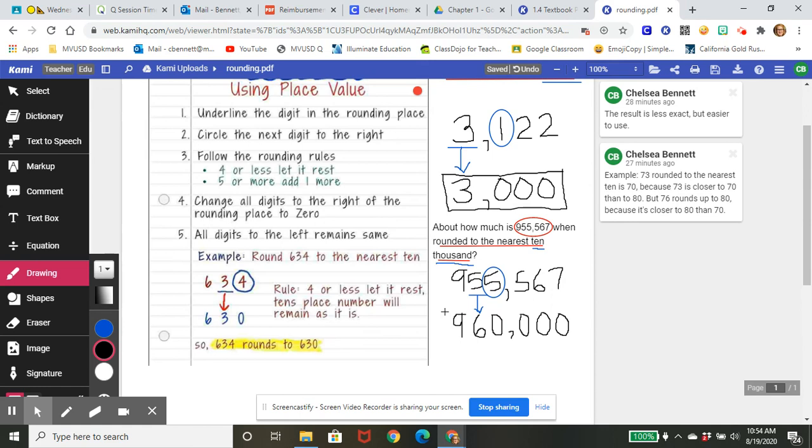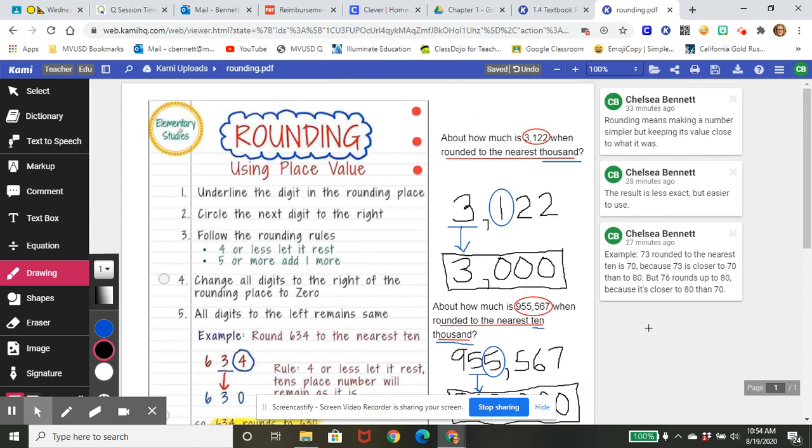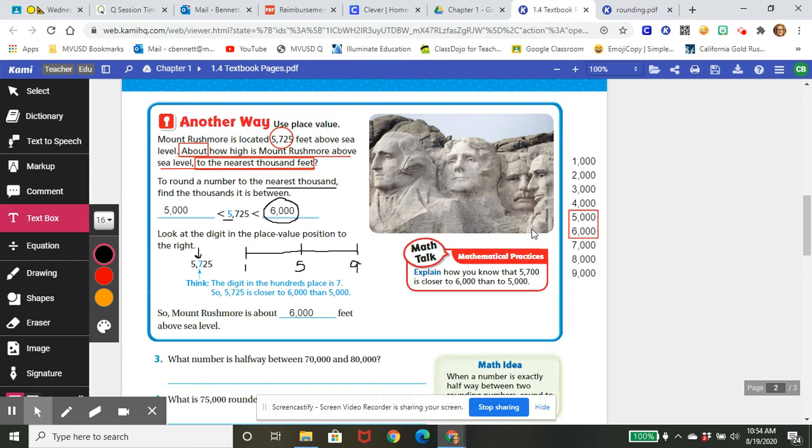So another way to say that is 955,567 is about 960,000. Okay? And that's the process. There's another example down here if you want to take a look at it. But this is how you're going to round.